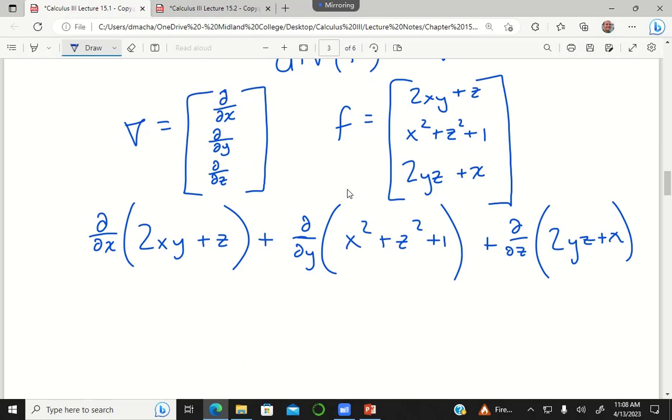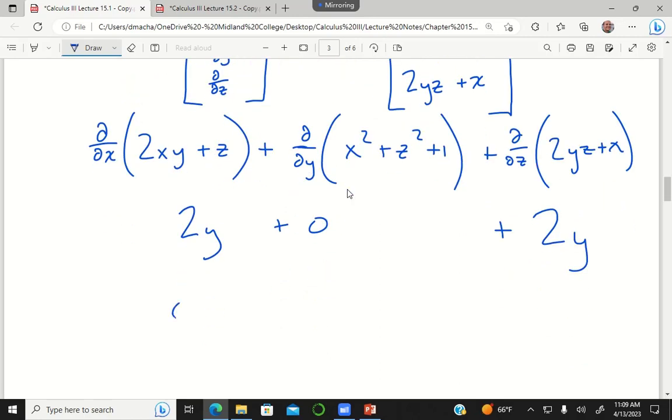So that's what it means to take the divergence of a vector field. Okay, so what is the partial with respect to x of this stuff? 2y. What is the partial with respect to y of all of that stuff? 0. And then what's the partial with respect to z of this stuff? 2y.